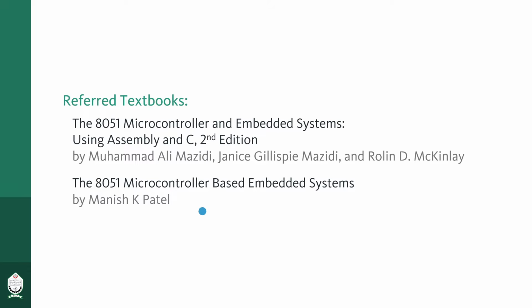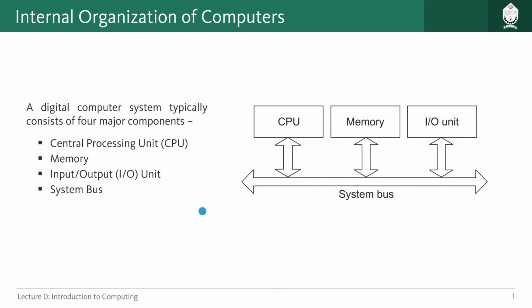Okay, so if we talk about the first lecture, which is introduction to computing, I am just following the book from Mazidi and trying to cover the first chapter of that, called Introduction to Computing. If you look at the book, you will see that the first portion of that chapter is quite straightforward, and you have already gone through it in previous semesters, like section 0.1.